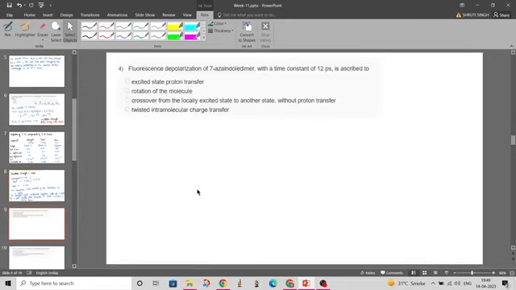Let's see the next question. Fluorescence depolarization of a 7-azaindole dimer with a time constant of 12 picosecond is ascribed to excited state proton transfer, rotation of the molecule, crossover from the locally excited state to another state without proton transfer, or twisted intramolecular charge transfer.